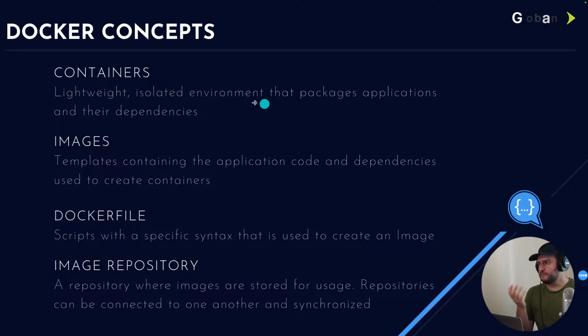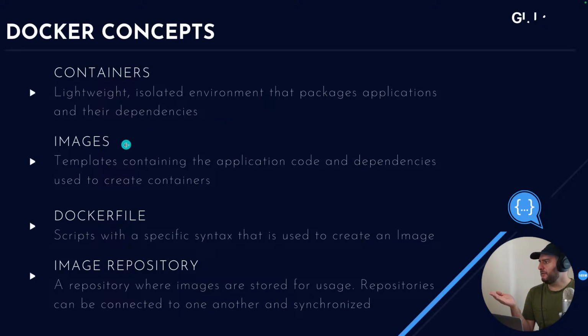So that's what we mean by dependencies. We will have a Java application, a jar file, for example, and then we'll have the Java virtual machine also in the container, and that will be run as a lightweight virtual machine.